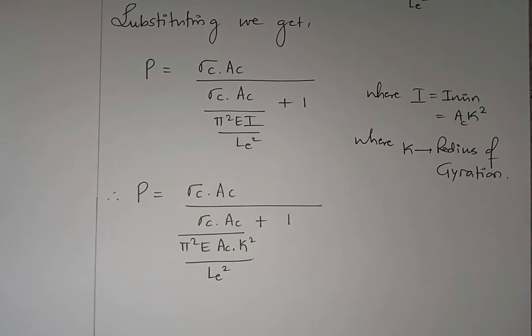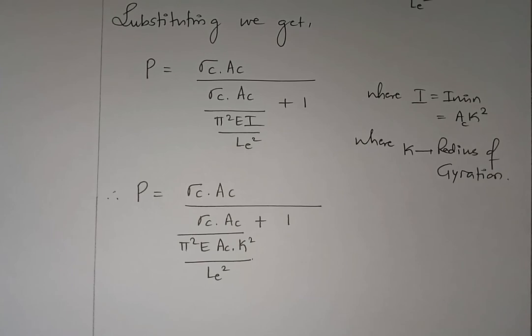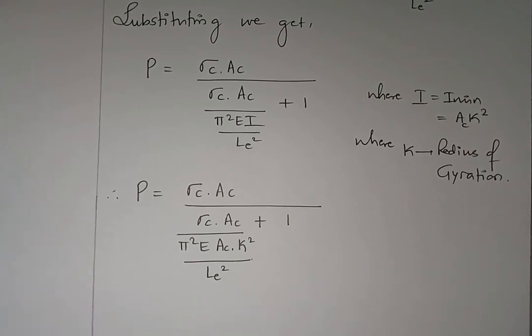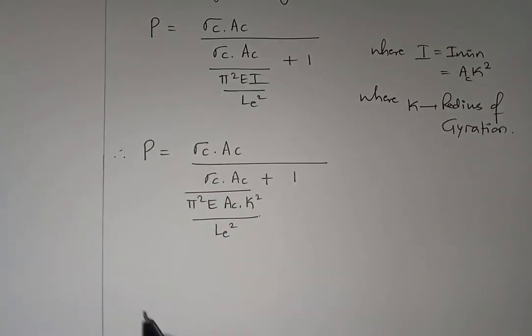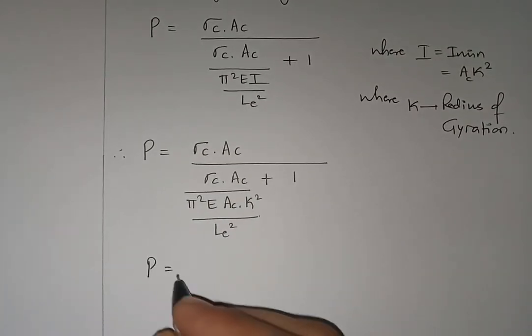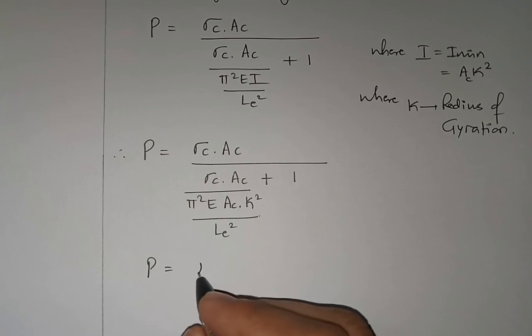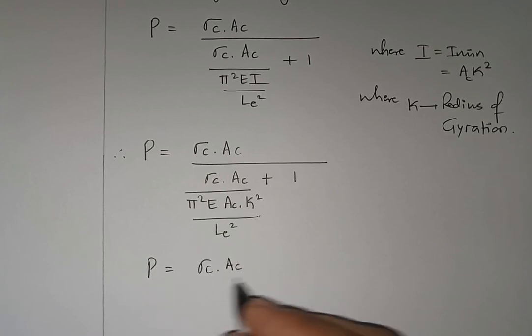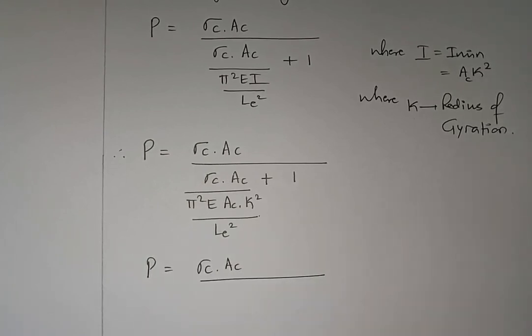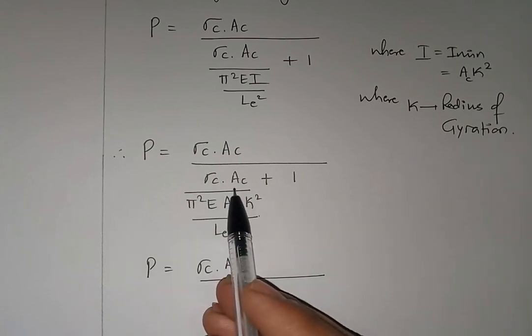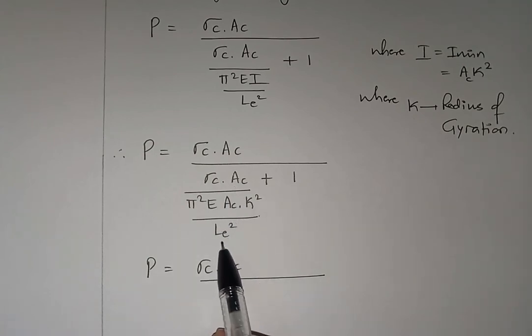Now here whatever can be cancelled, I request you to cancel it directly, right? I can take one more step just to simplify, because you may get confused. So P is equal to sigma C into AC, and the entire thing is divided by, so it is of the form A divided by B by C, right? So how can you write this?